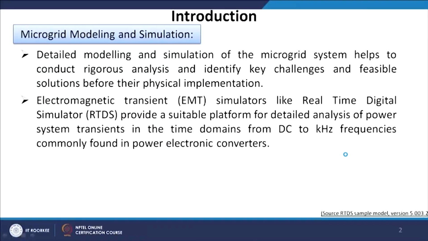Now, moving to the platform through which we can simulate electromagnetic transients, so-called EMT simulators like real time digital simulators, RTDS, or other simulators like OPAL-RT provide a suitable platform for detailed analysis of power system transients in the time domain from DC to kilohertz frequencies commonly found in power electronic converters.